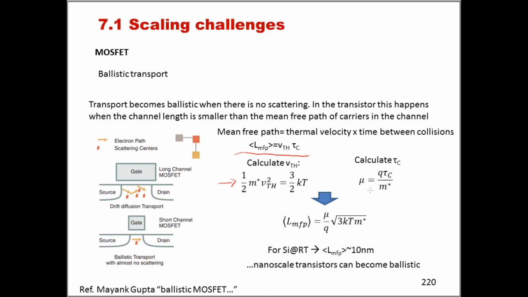And the mobility, we've said, is given by this formula here. Using these two formulas, we can easily calculate that the mean free path for a charge carrier is given by this formula here. And if we put the numbers in for silicon at room temperature, we realize that this mean free path is of the order of 10 nanometers. So nanoscale transistors could actually be ballistic.